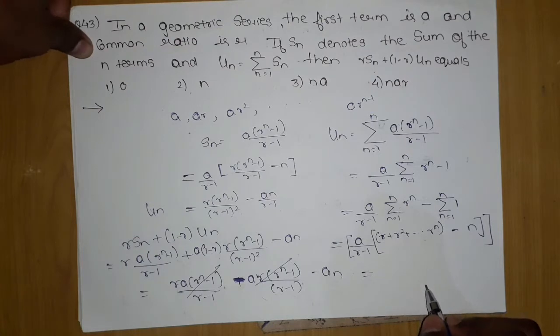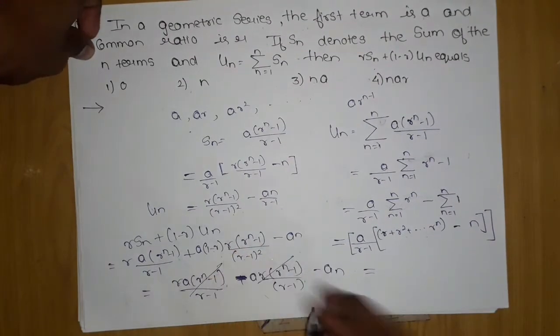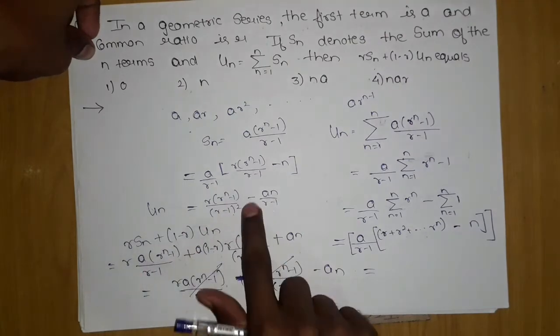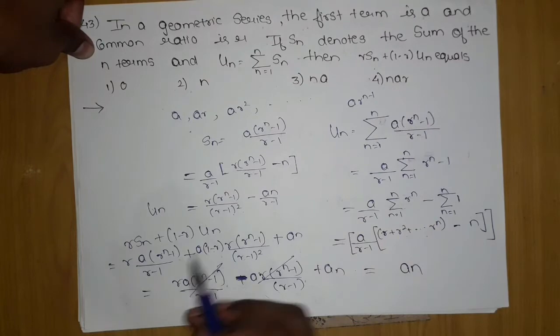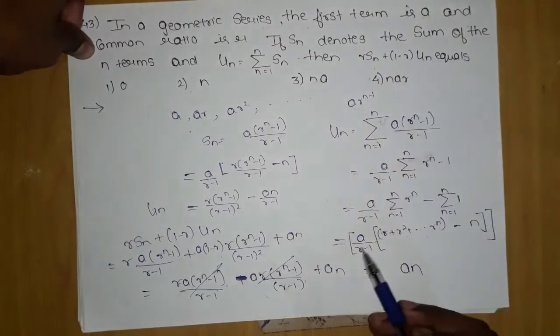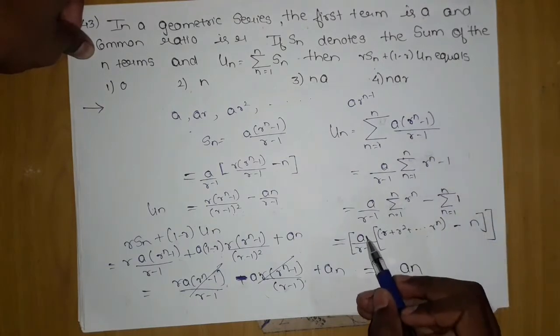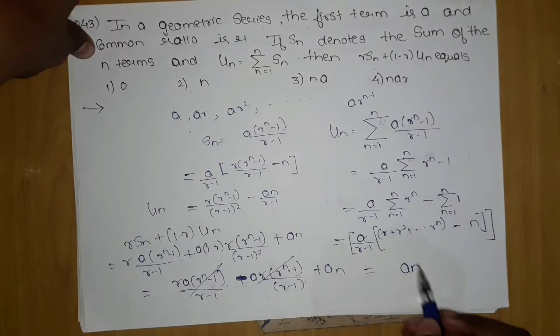Similarly here, when it moves inside it is 1 minus r, so this will become plus. For cancelling out I will take minus outside, which will make it plus. So the final answer is an. When I multiplied this thing, to cut this it just gave us a minus, for which it became negative and this became positive. So these two cancel out and the left thing is an.